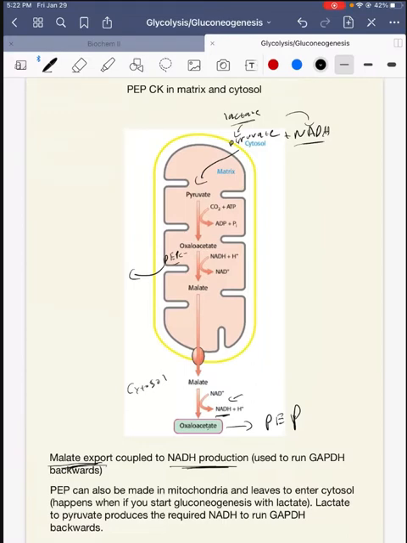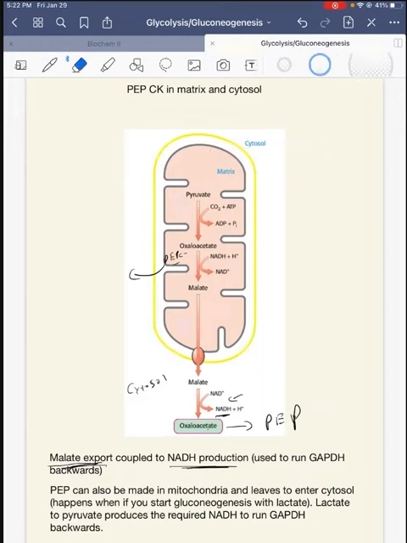If we don't start with lactate, we won't have this NADH. So we need a different way to regenerate NADH for GAPDH to run backwards. Usually, if we don't start with lactate, we won't have NADH. And that's when your malate is exported out, and then it's converted to oxaloacetate in the cytosol. You make NADH, and then that can go to PEP, and then this can start gluconeogenesis.